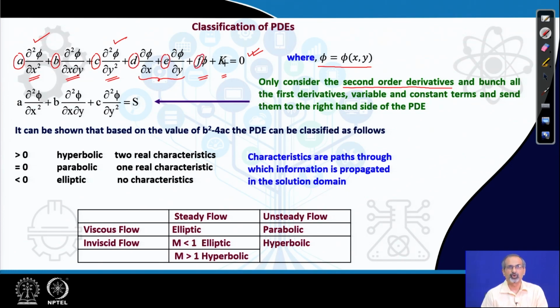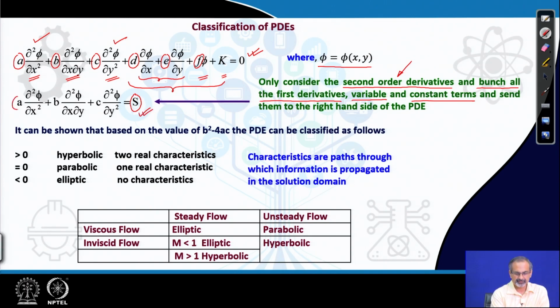Since only second order derivatives are important, we bunch all the first order derivatives, the variable term and the constant term together, and send them to the right hand side of the equation. So, this term S accounts for all these terms when taken to the right hand side. Of course, the signs of those terms will become negative.